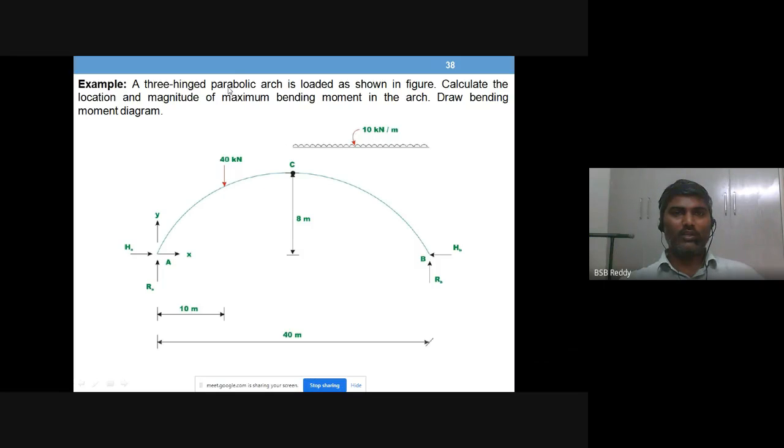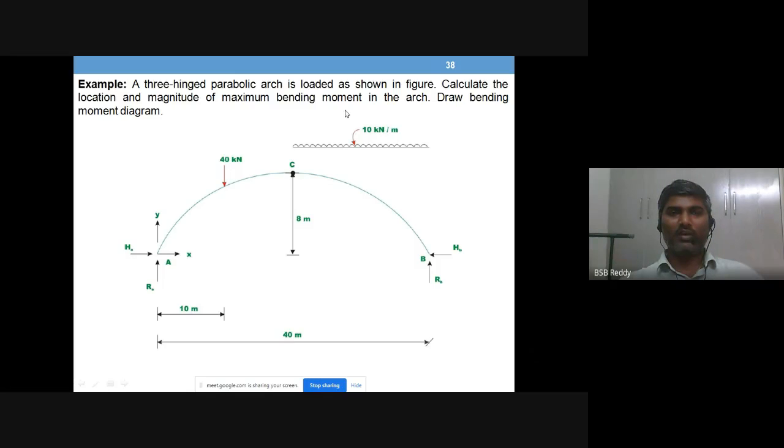So a three-hinged parabolic arch is given. We need to calculate the location and magnitude of the maximum bending moment in the arch.